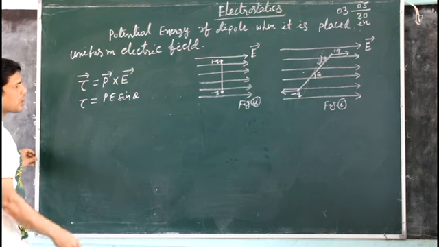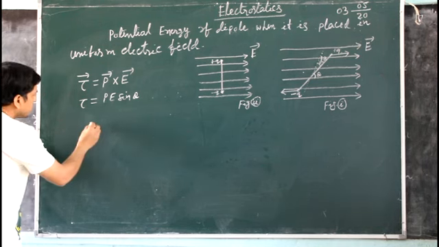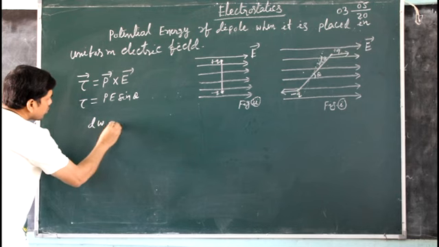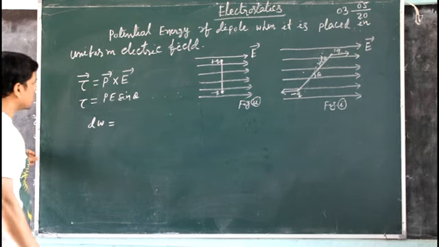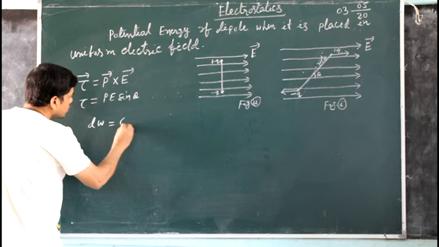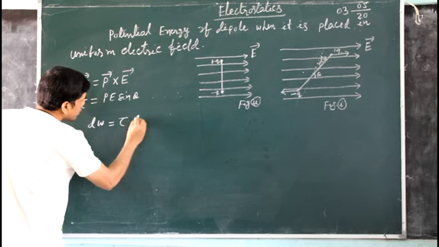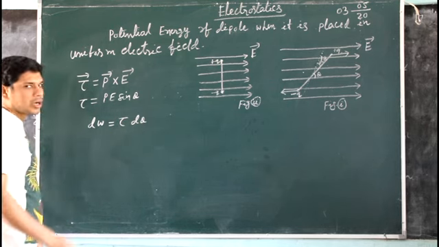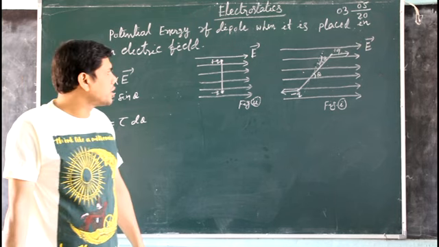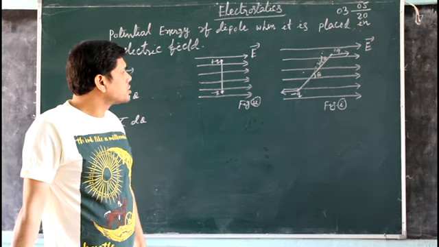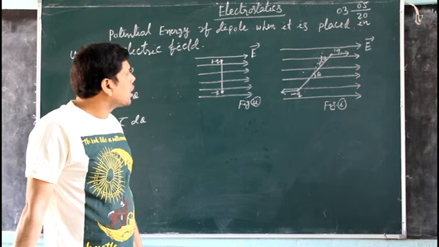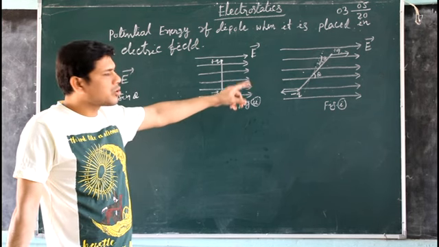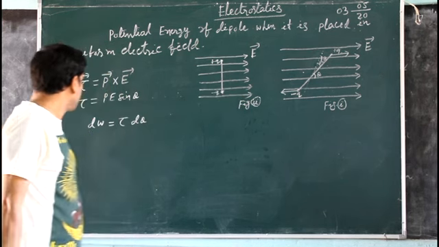If that small work done is denoted by dW, because the angular displacement is d theta, then dW equals tau d theta. This much work has to be done by the external agency to displace the dipole through the angular displacement d theta.